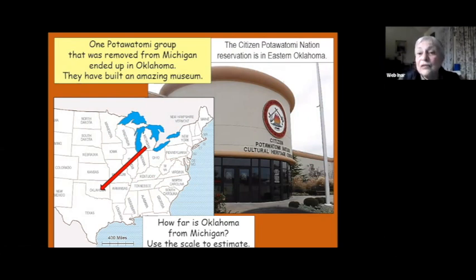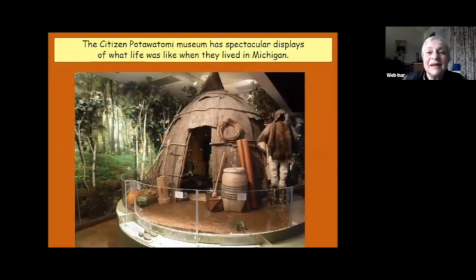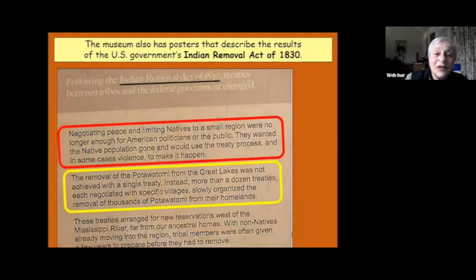They have their own reservation in central Oklahoma, eastern Oklahoma. And it is an amazing, amazing museum. They have recreated beautifully what life was like when their ancestors lived in Michigan. They also have highlighted the Indian Removal Act of 1830.